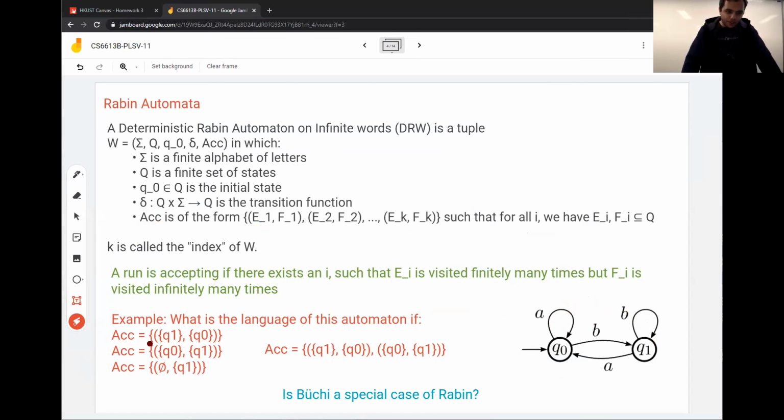This is why we have these brackets here. In the first case, I have only one pair, and the pair is Q1, Q0. So I want to accept all the strings that visit Q1 finitely many times, but visit Q0 infinitely many times. What strings would those be? Can you give me the language?